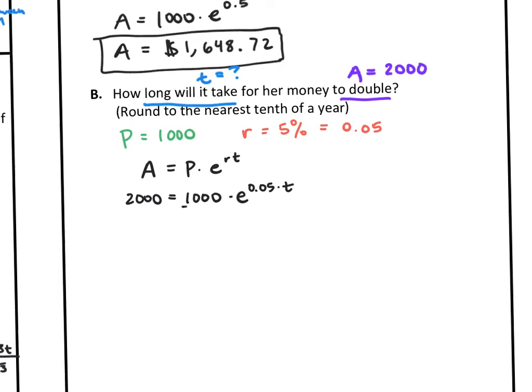The opposite of multiplying is dividing, so I'm going to divide both sides by 1,000. 2,000 divided by 1,000 is 2, equals e to the 0.05t. Then I'm going to use ln on both sides.